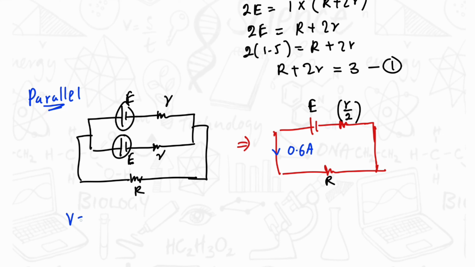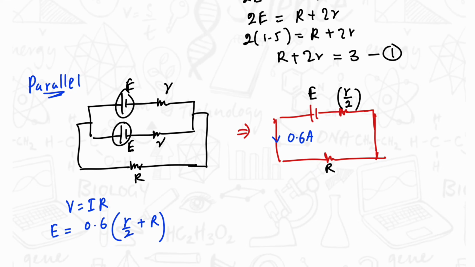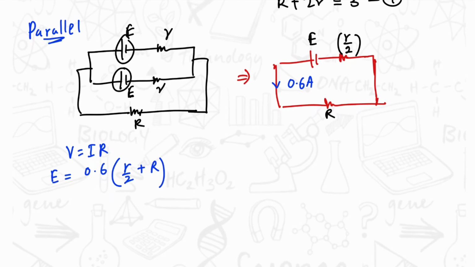Then by V equals IR, we can say that E is equal to 0.6 times R plus r over 2. They have given the value that E is equal to 1.5.